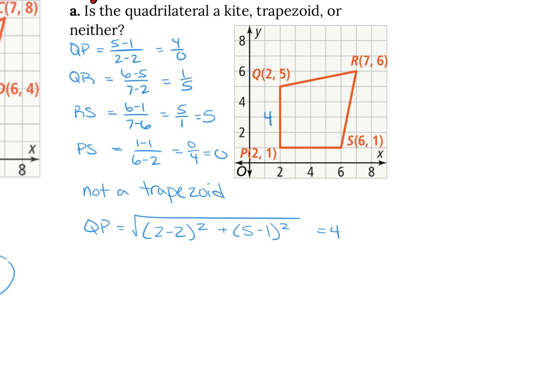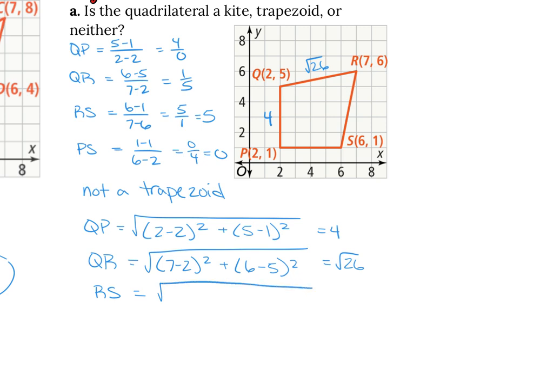Okay, so this measure would be 4. Square root of 26. Okay, so for RS, we want this one to equal square root of 26. So let's check to see if that's what it gives us.